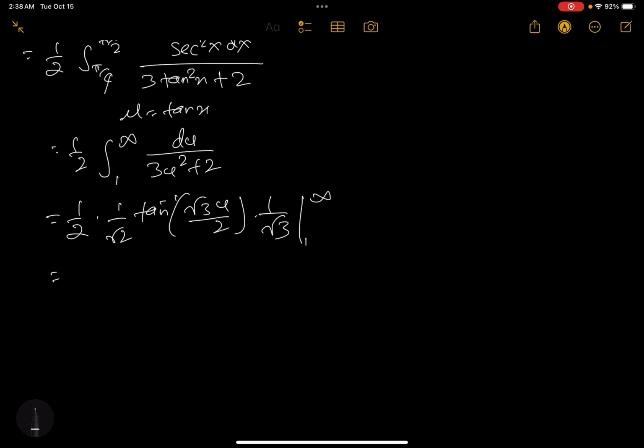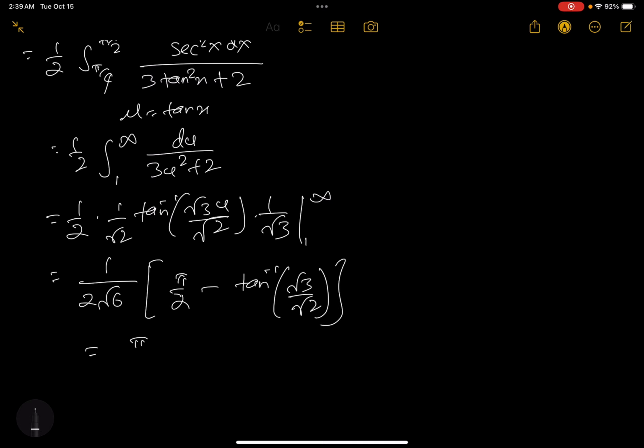So this is 1 by 2 root 6 pi by 2 minus, oh wait, there should be a root, right? Because a is root 2, sorry. So tan inverse root 3 by root 2. So this is basically pi by 4 root 6 minus 1 by 2 root 6 tan inverse root 3 by root 2.